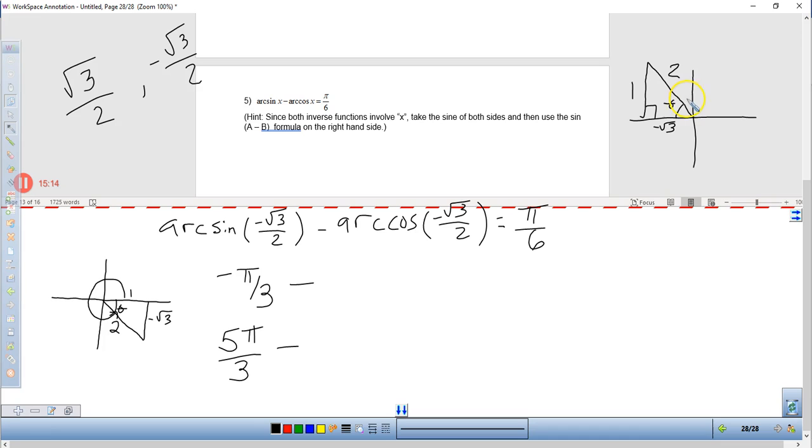Well, across from 1 we always know is some version of 30 degrees, which is pi over 6. And if we're going this way, we're going over 180 degrees and subtracting out 30 degrees, or since we're in radians, pi minus pi over 6, that's going to be 5 pi over 6.